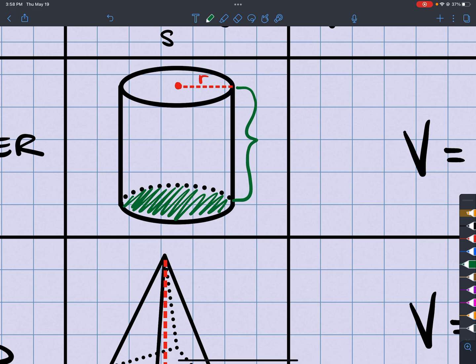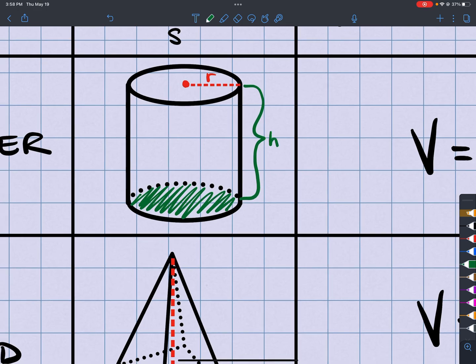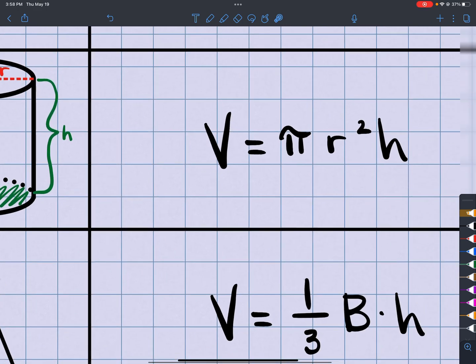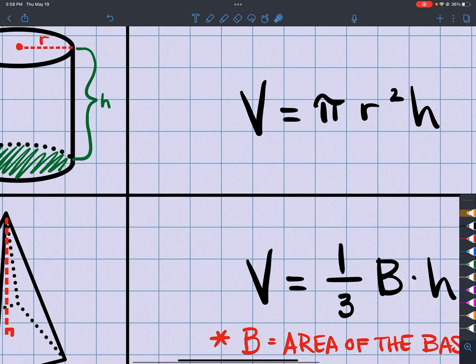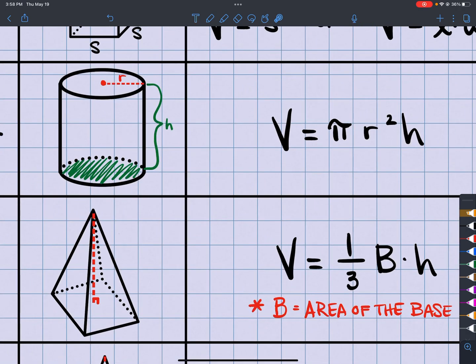Well, what's the base? The base is a circle. What's the area of a circle? The area of a circle is pi r squared. And what is this right here? The height. Awesome. So it's going to be pi r squared times the height. Okay? All right. So that is the case right there.